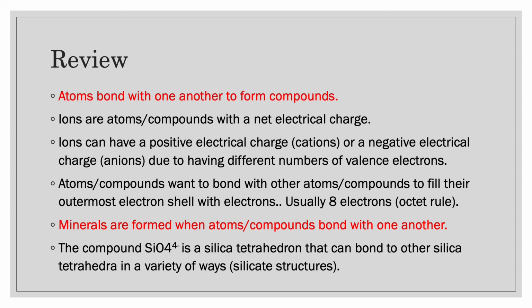One example of the types of bonds that form the vast majority of minerals in the continental crust includes the compound SiO4, or silica tetrahedron, and those can bond to other silica tetrahedra in a variety of ways, forming silicate structures, which opens up the door to being able to form a very large amount of different types of minerals, which is how we can have 4,000 different types of minerals on Earth.